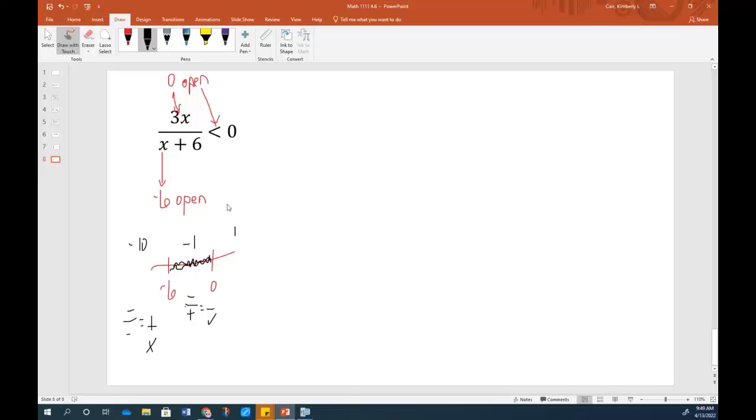Okay, so we're looking at this region. And again, the next one's probably not going to work, but we're going to check. So 1, if I plug in a 1, I get a positive over a positive, which is positive. That's not what I'm looking for this time. So I know at 0, it was open, and at -6, it was open. So my solution is -6 to 0, both parts open.